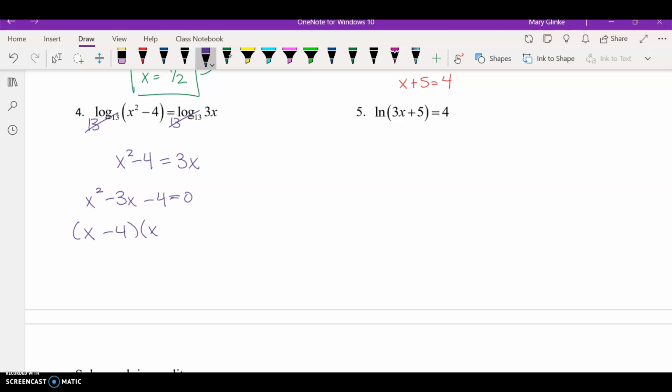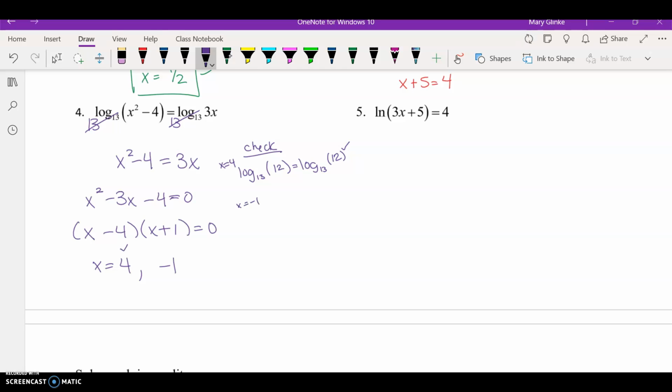If not, you'd have to use your quadratic formula. So we get x equals 4 and x equals -1. We do need to go ahead and check these answers. So I'm going to check x equals 4 first. I get log base 13 of 4 squared minus 4, which is 12, equals log base 13 of 3 times 4, which is 12. That checks out.